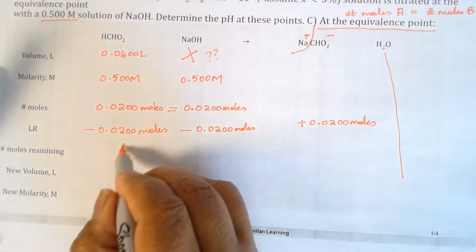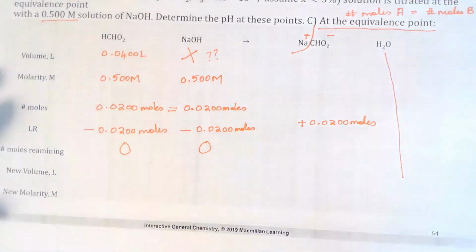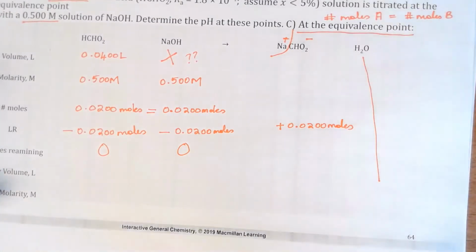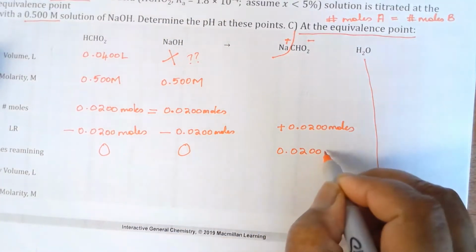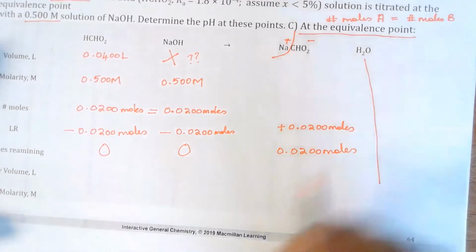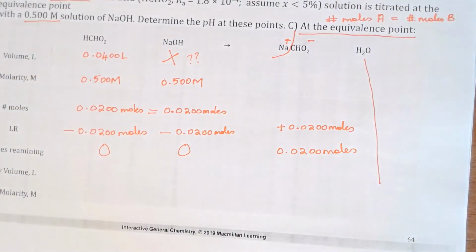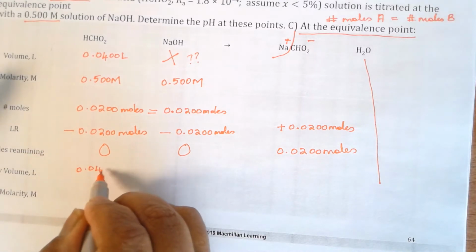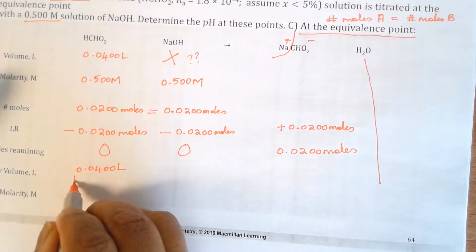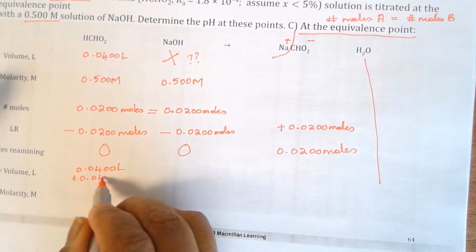Moles remaining here, of course, you do not have any of the original acid or the base, but you have the conjugate base in the solution. And for the new volume, you need to add the two numbers together.